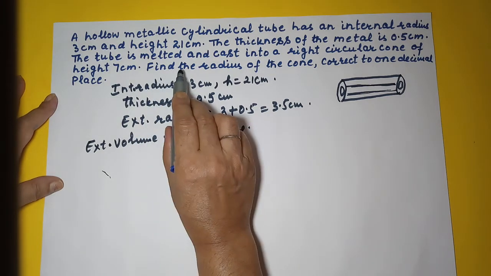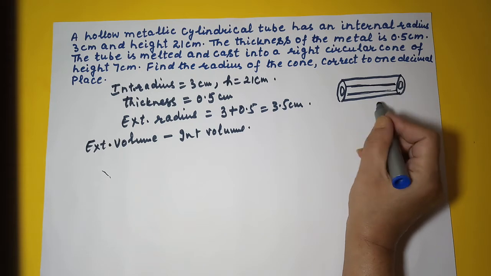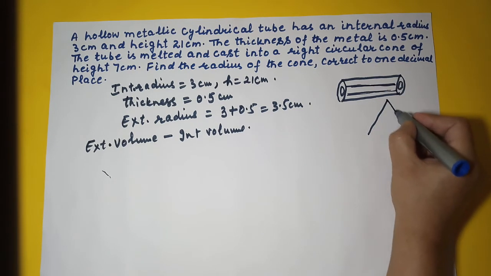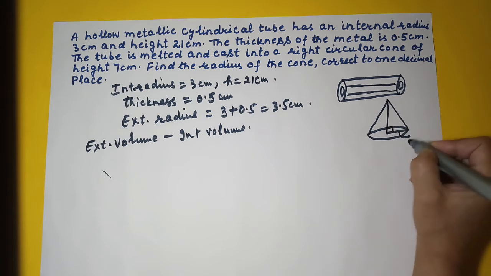We have to find the radius of the cone. Now this is melted and is cast into a right circular cone, where height and the radius are at right angles.